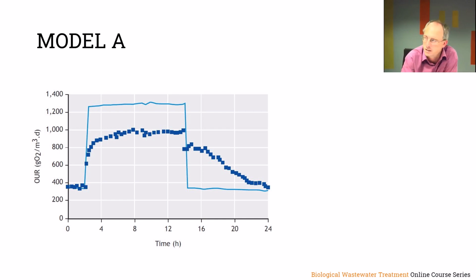So it gives you a suggestion that maybe we have to describe a part of it as more slowly degradable substrate. You also see that the lysis process, the baseline on the left side, so the endogenous process, is reasonably well described because the level can easily be reached.